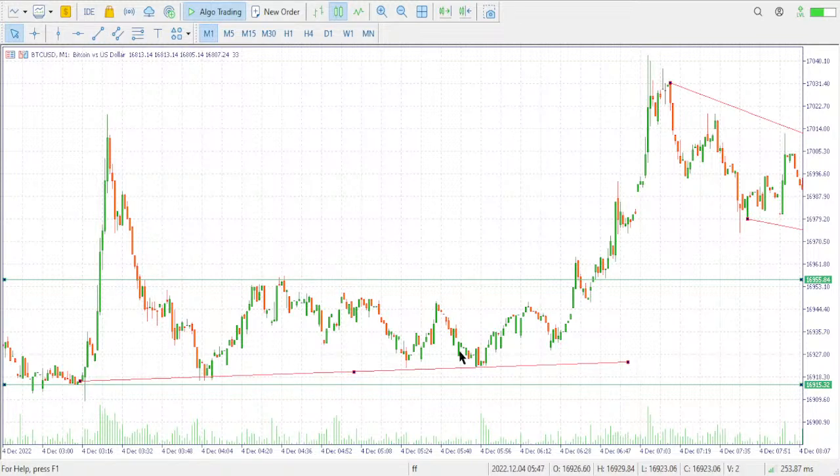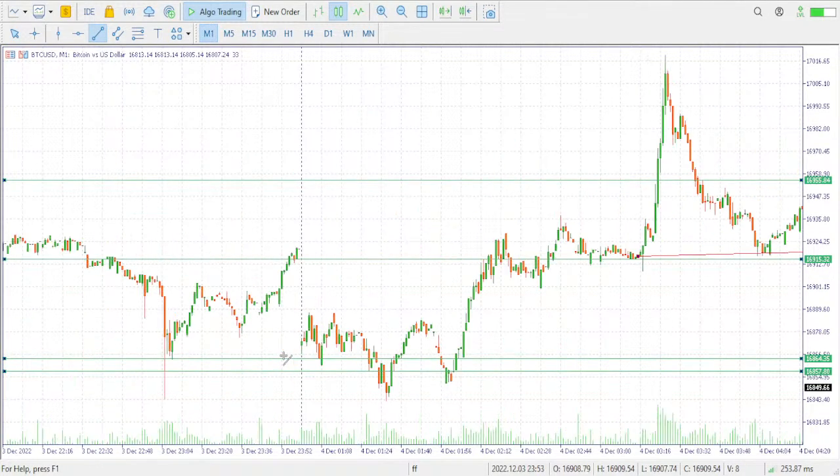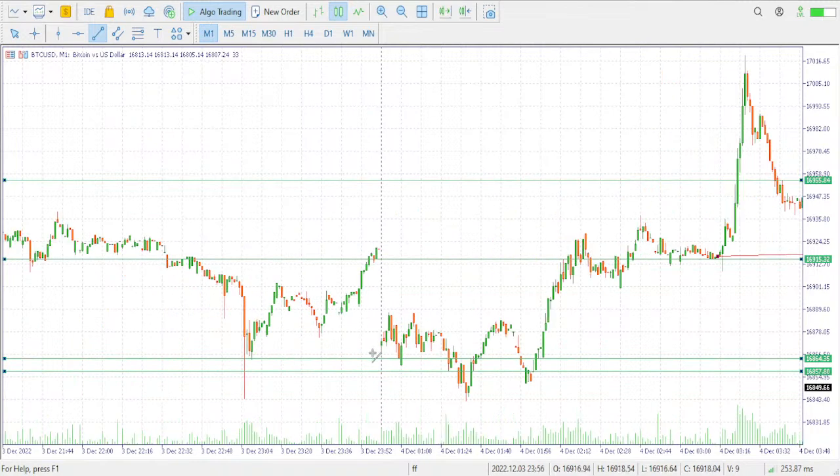So this looks like a converging range formation still, not a very good one. It's like we're trying to force it, so we won't look at that.